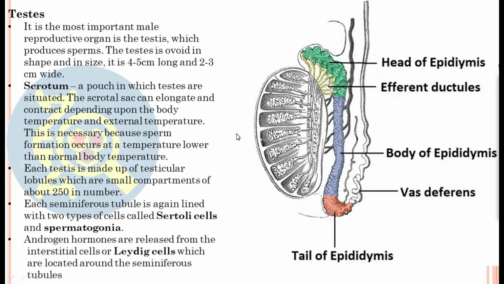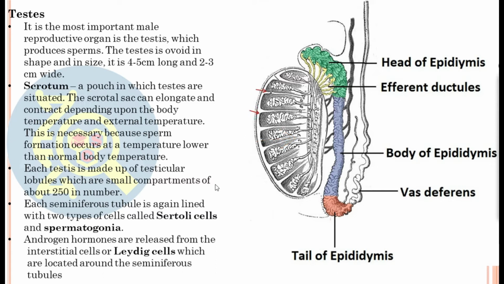Now coming back to the TS section of the testis once again. Here you will see that each testis is covered by a protective layer which is known as the tunica albuginea. And this tunica albuginea is further covered externally by the tunica vaginalis, this one. Now the tunica albuginea opens inwards in the form of septa, like this.